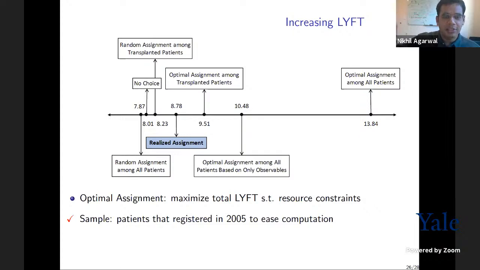So the patient is alive when the donor arrives, and is registered when the donor arrives. Does that answer the question? Yeah. Great.